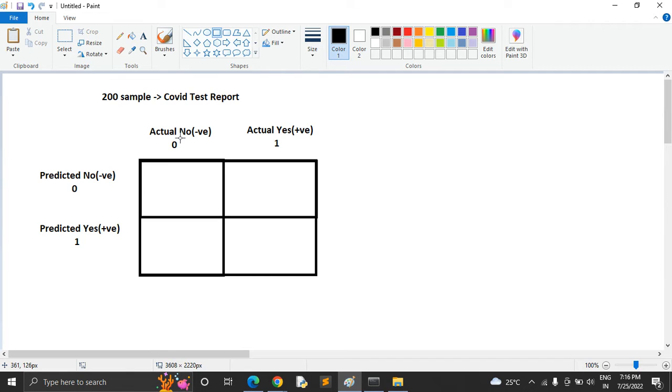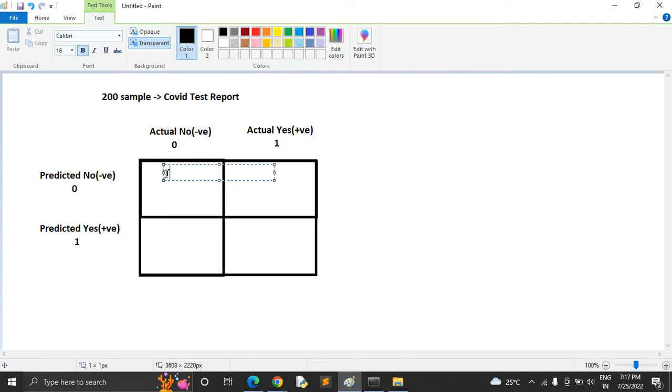The reports are negative in reality. Now here we have something called predicted negative or predicted no, which is a good thing. Why is it good? Because in reality the patients are negative, and your model also says that they are negative.